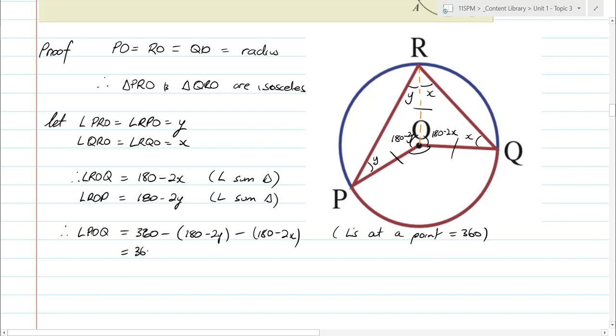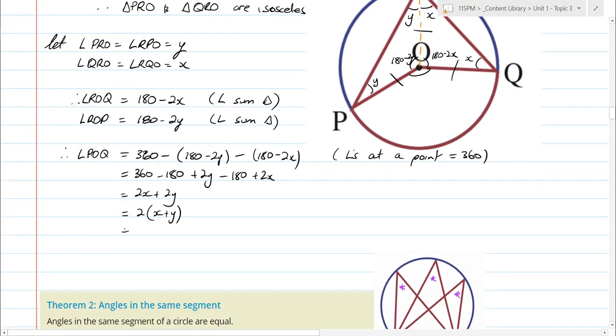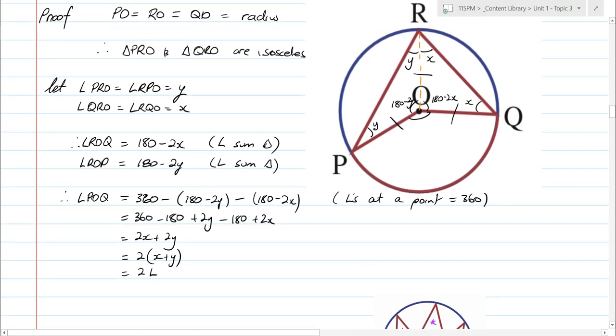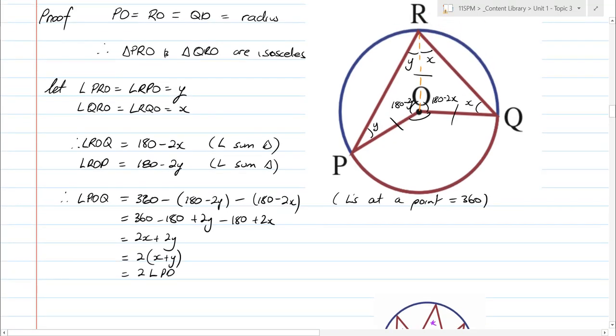And that becomes 360 minus 180 plus 2y minus 180 plus 2x, which is just equal to 2x plus 2y, which equals 2 of x plus y. And hopefully you can see that x plus y is equal to angle PRQ. So that's that proof there.